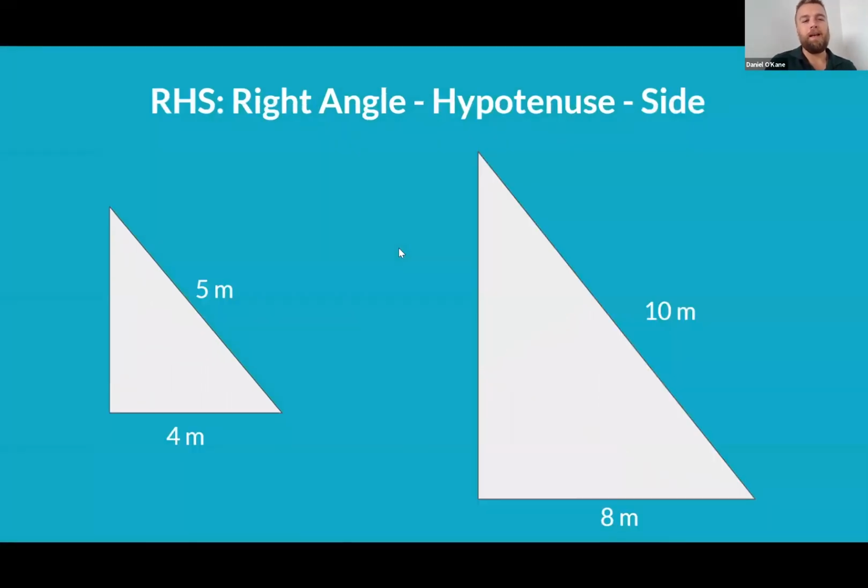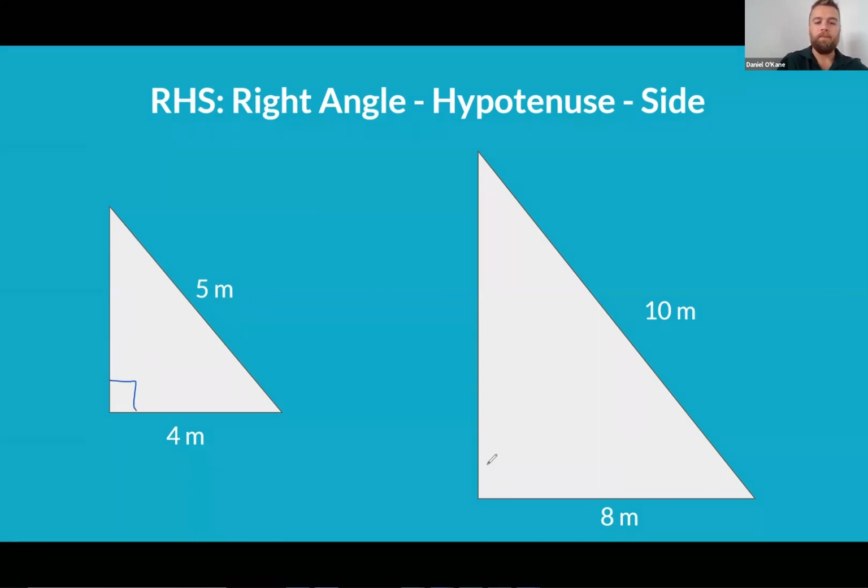And then finally, that fourth test was the right angle hypotenuse side test. It's because of Pythagoras' theorem that we have this test. So if you've got a right angle triangle, and you know the hypotenuse and you know one other side length, well, then you know these two triangles have to be similar.